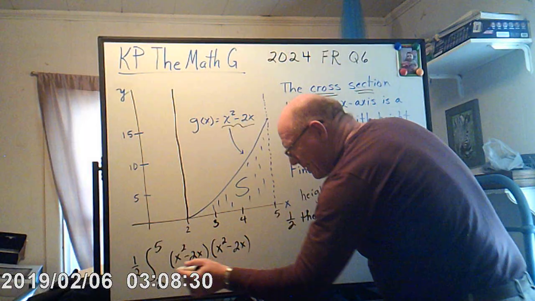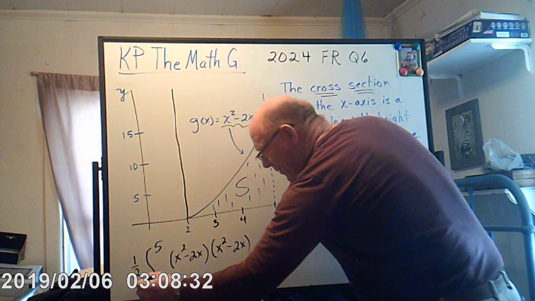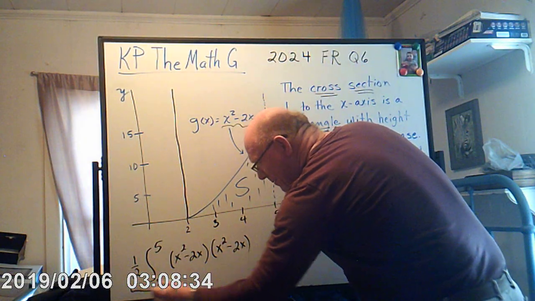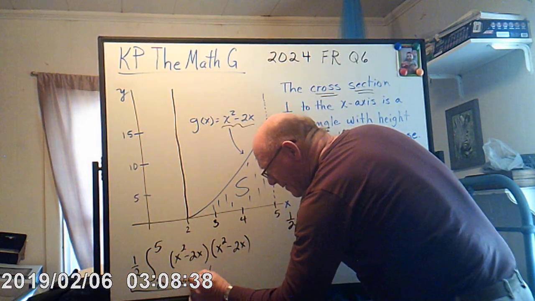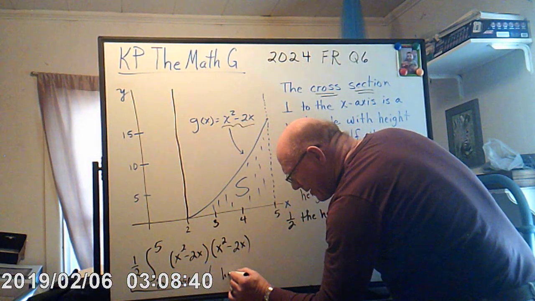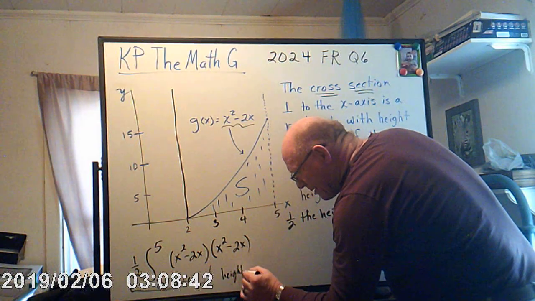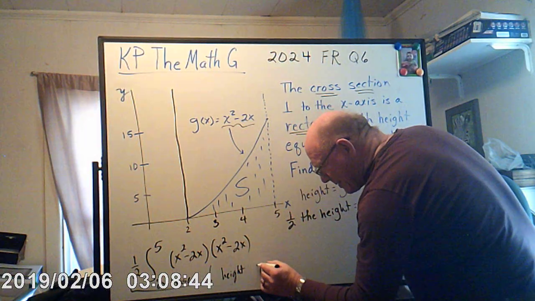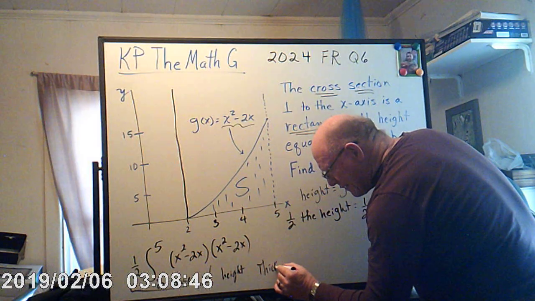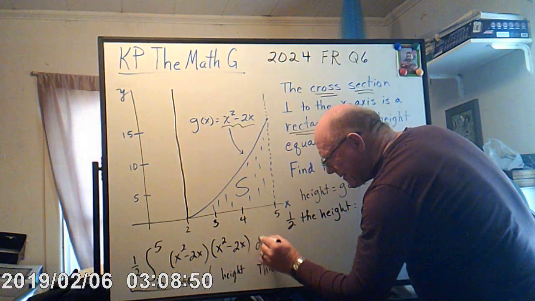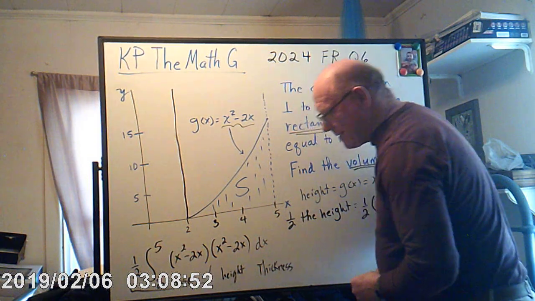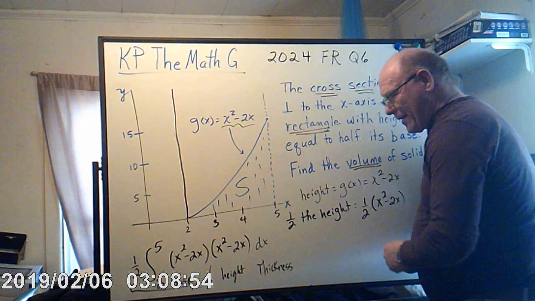That's the height, 1/2 there's your base, and then there's the height, and the thickness, that's delta x, dx, and there you go. That's how you set it up.